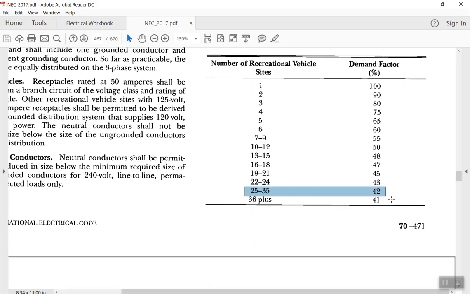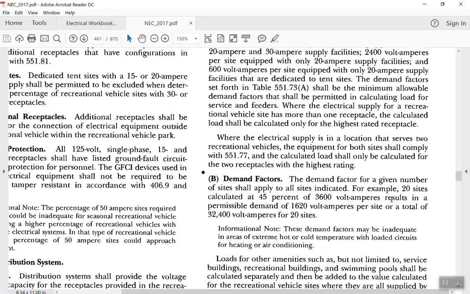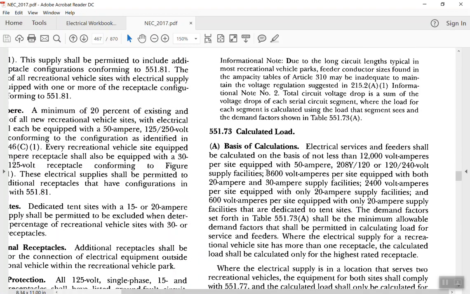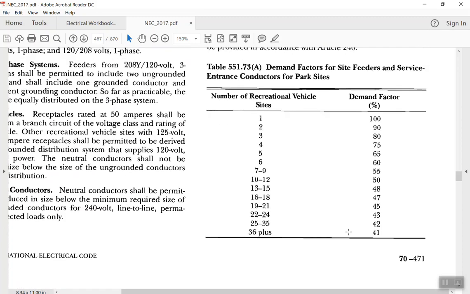The demand was 42, so there that is. And the 3600, make sure we know where that comes from. Why? Because it's 20 and 30 amp circuits. That's what it's equipped with. So 3600 is where that comes from, and the 42 is from down here, because we've got 32 sites in the RV park.